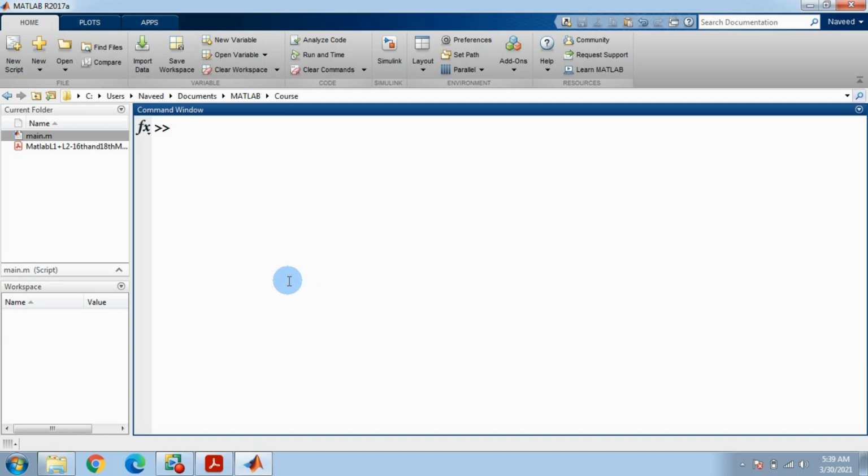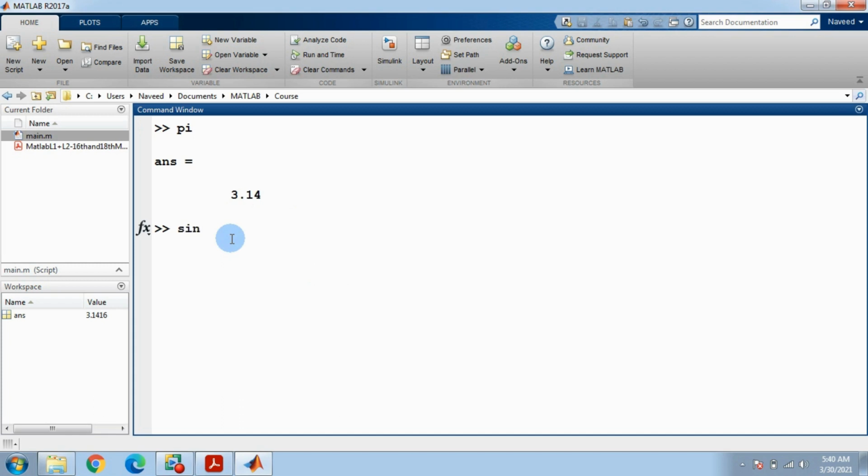So if you write those keywords, MATLAB would return the values for those specific variables. So one of those is the constant pi. So if I write pi, it will return me the value for the constant pi.